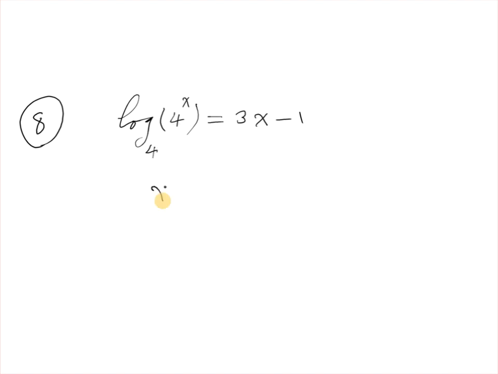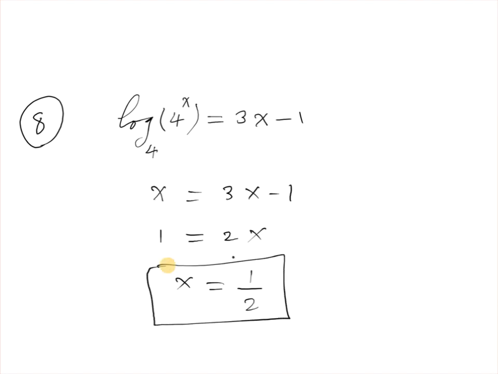So the left is just x. You can also see this in the first video in this lesson. So x equals 3x minus 1, and now we can solve for x. So I'm subtracting x and adding 1, so 1 equals 2x, so x equals half. And this concludes the video.